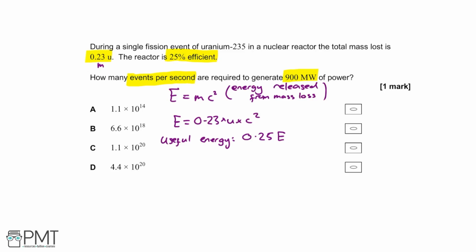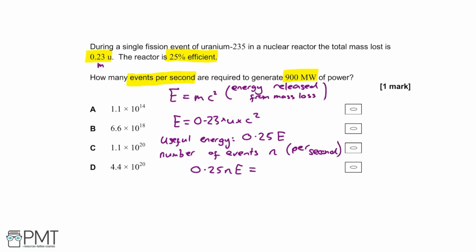So then, if we know how much useful energy we get from one fission event, we need to multiply that by the total number of events we expect per second to get 900 megawatts of power. So, number of events is going to be given by n, so we can write 0.25 times n times E. And remember that this is per second, because we're interested in events per second, not just the number of events.